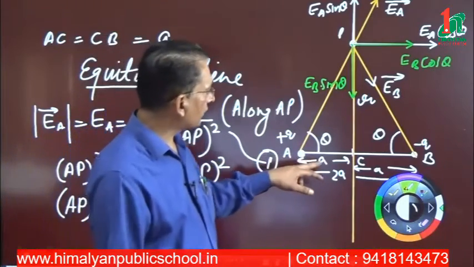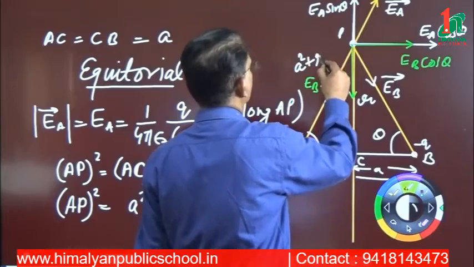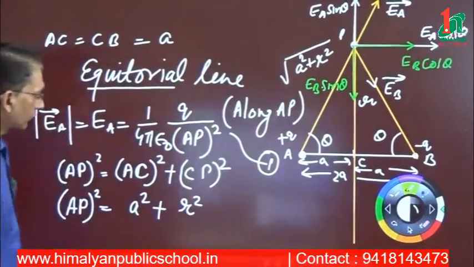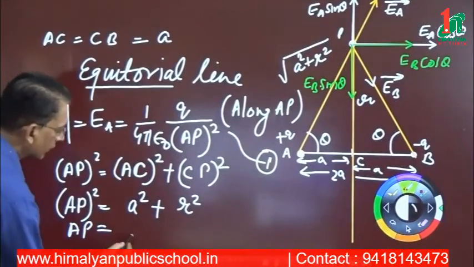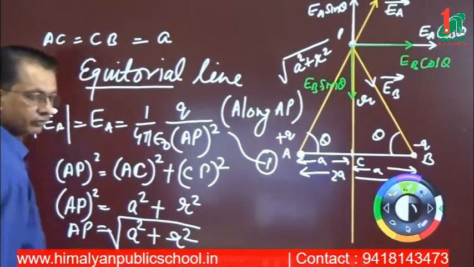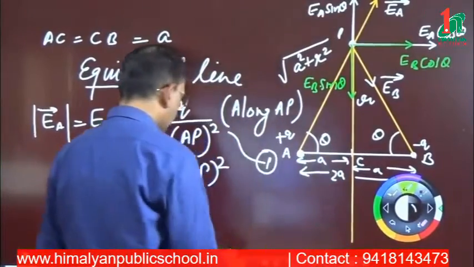So here base is A and hypotenuse AP is A square plus R square under root.